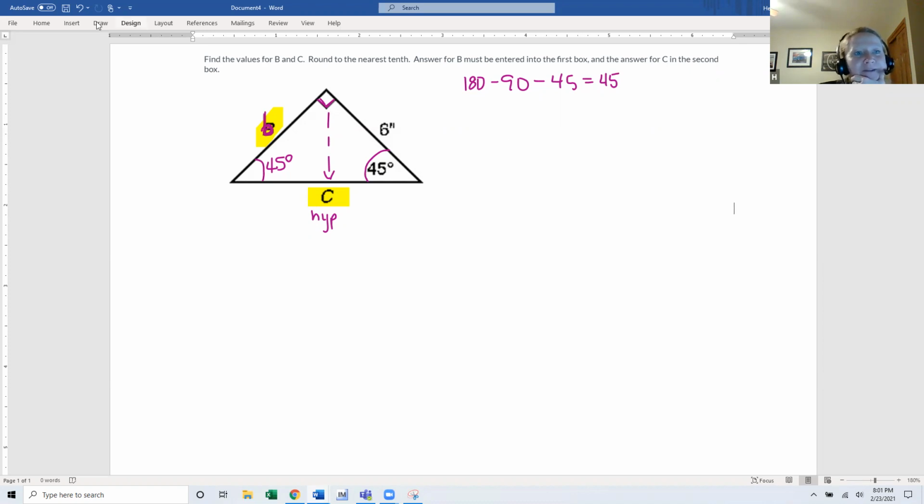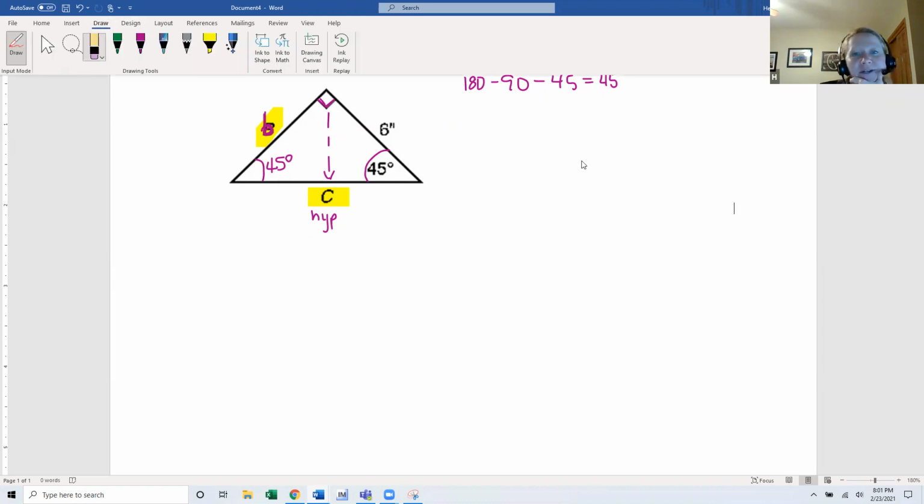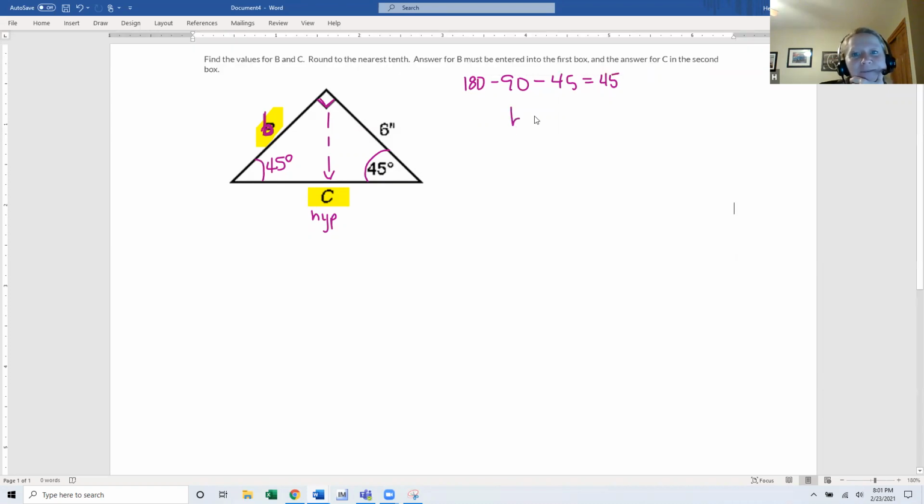We want to find little b. And we want to find C, which is also the hypotenuse. We want to find the length of the hypotenuse. Okay? So that means that if we use the same labeling strategy we've been using, this would be A. All right?